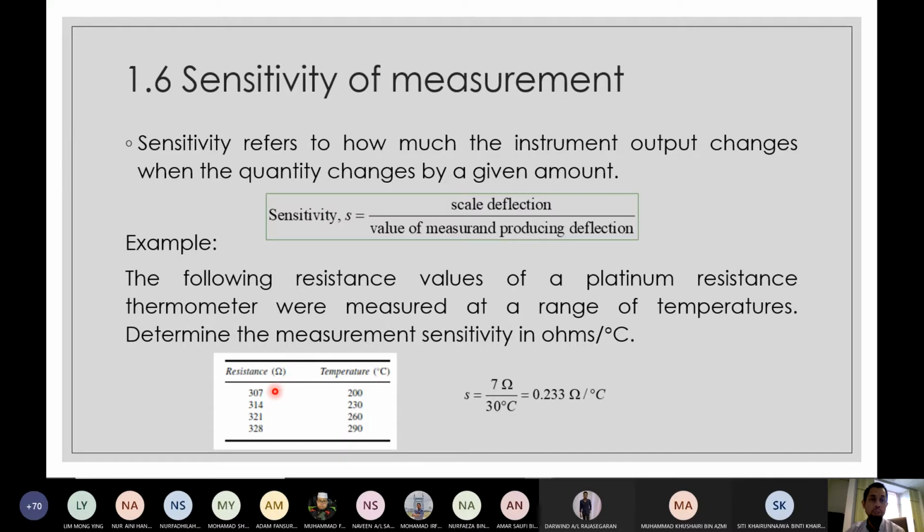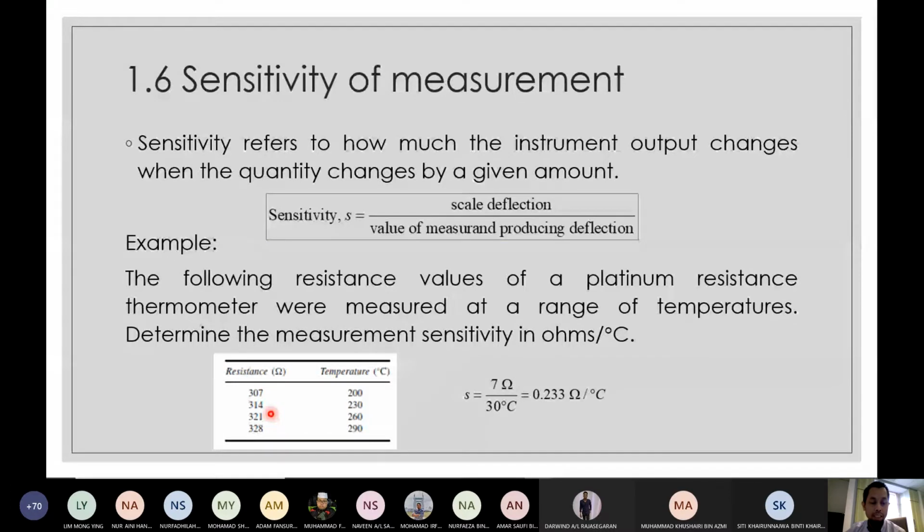So they measure the resistance of a platinum material at different temperature ranges, and they find the following correlation. We can see from this table that for every 30 degrees increase in temperature, we have 7 ohms increase in resistance.